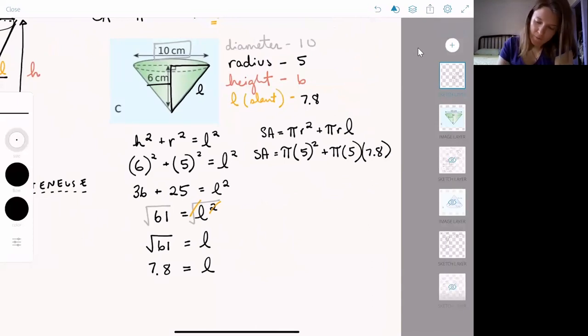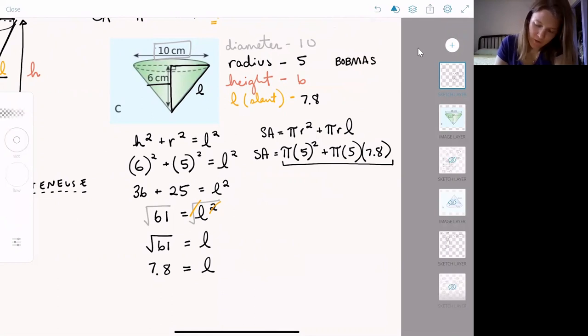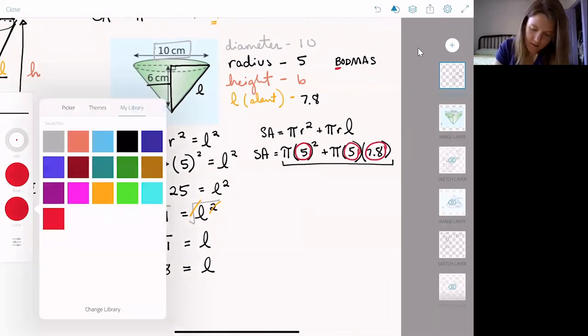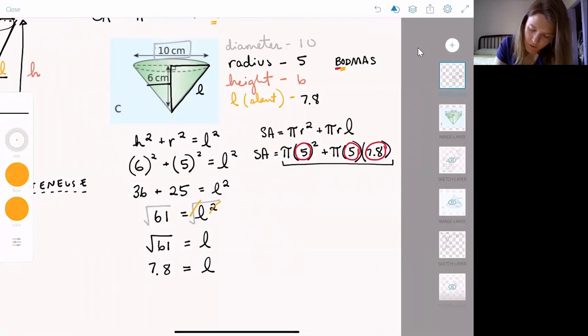So again, all of my numbers are already isolated on the right side. So I'm going to use BODMAS. Looking at my B for brackets, inside of each bracket there's nothing to simplify. So I move on to the next, which is O for exponents.